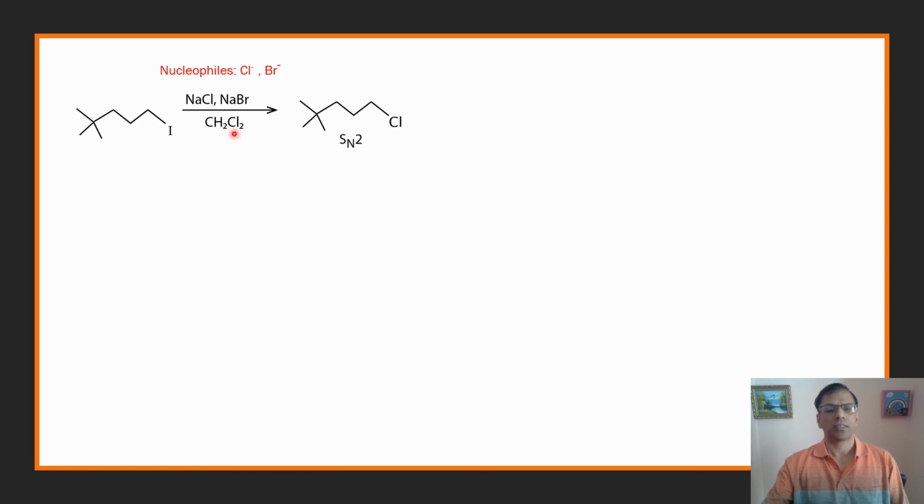Remember that in an aprotic polar solvent, the nucleophilicity trend of halides is reversed, and because of that, chloride is now a better nucleophile, and it will replace the iodide via an SN2 reaction. The substitution reaction occurs because it's primary, and primary carbons can form carbocations, but they're not very stable, so that's not the preference.